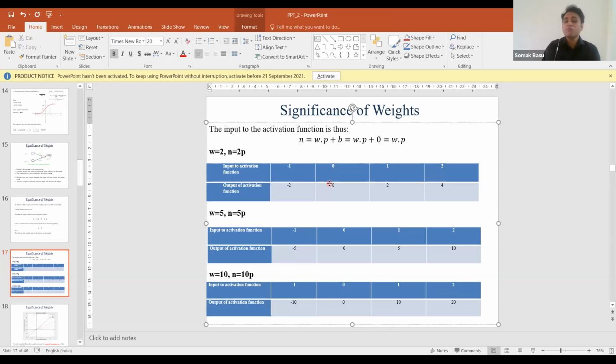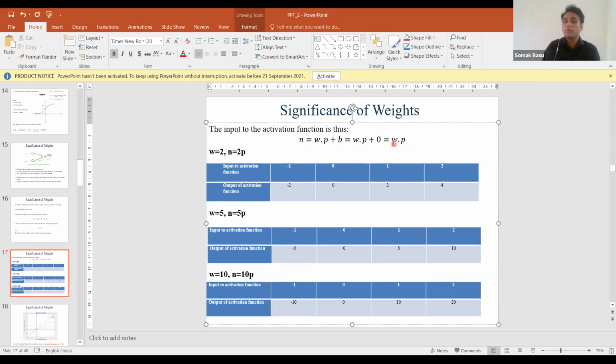In this case, what will be the net input? N is equal to W into P plus B. The value of bias, we have assumed it as 0, so substitute 0 over here, and the net input would be W into P. So let us vary the value of W and let us see what happens.